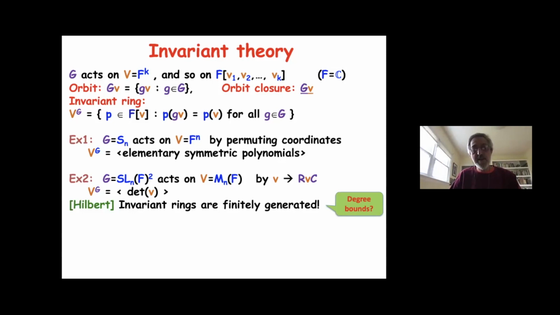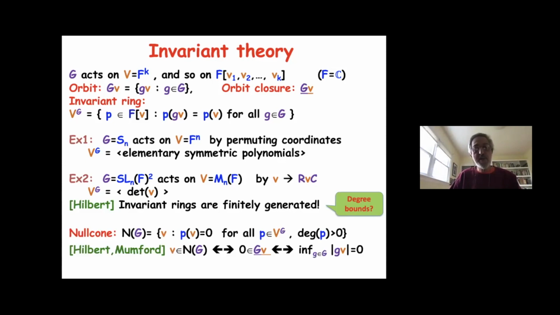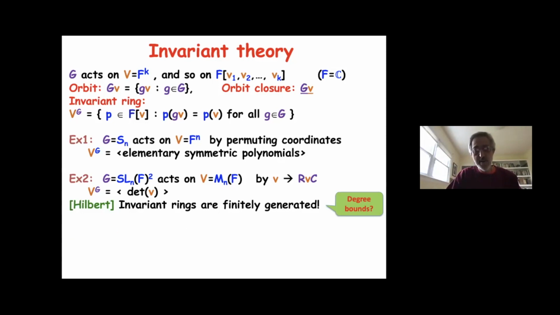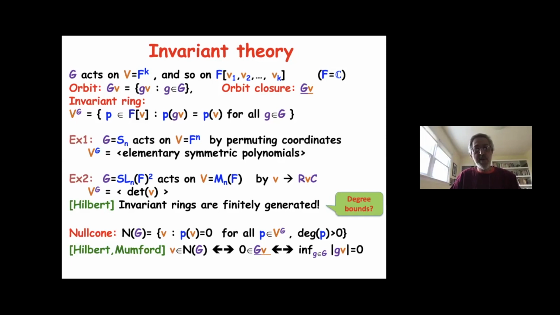The last basic notion I want to talk about is the null cone, mainly because all our problems will end up being null cone problems. So what's the null cone of an action? It's all the elements that all non-constant invariant polynomials take to 0. If you have a polynomial which is the constant 1, it cannot be 0 on anything.